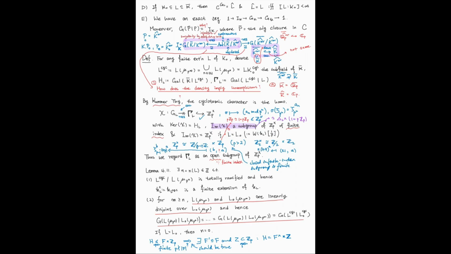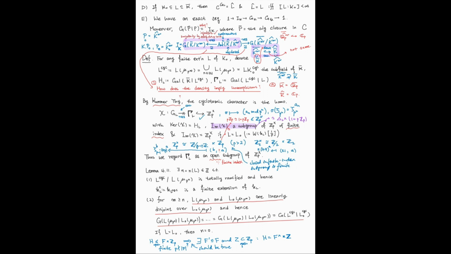So the map would be a restriction map here. Similarly, this isomorphism is obtained by restriction, the way I prefer to think about it.